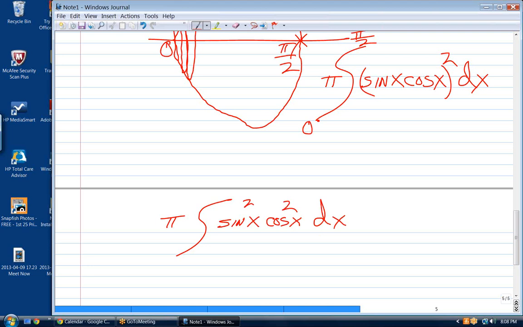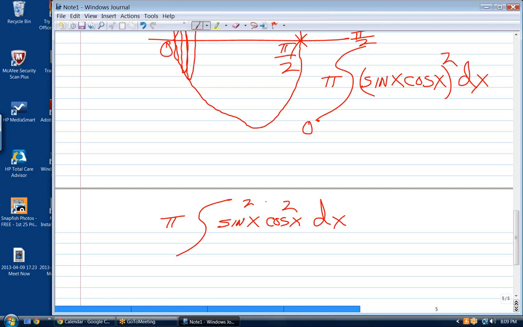What can we do here to integrate this? As you know by now, it's not easy to integrate products. Would we split it up somehow? Well, how about we use the Pythagorean identity to substitute for one of these and put it all in either cosine or sine.